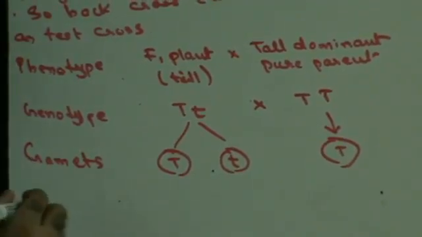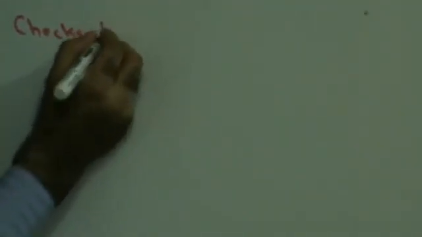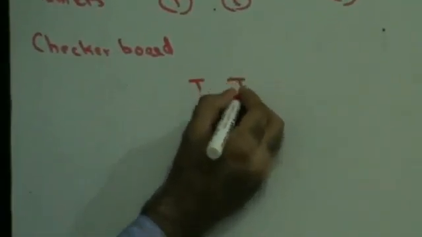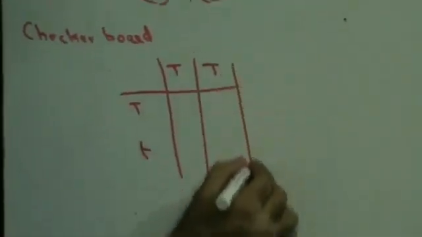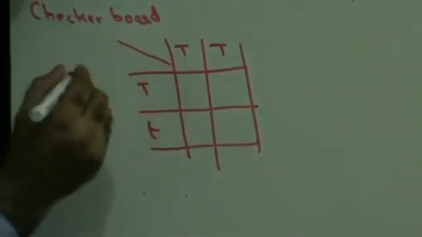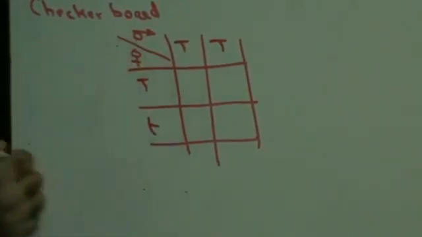Right? Now let's see the checkerboard. In one case you are going to have both the gametes, that is T and t, right? And the other is going to be capital T. You will have male, female, right?